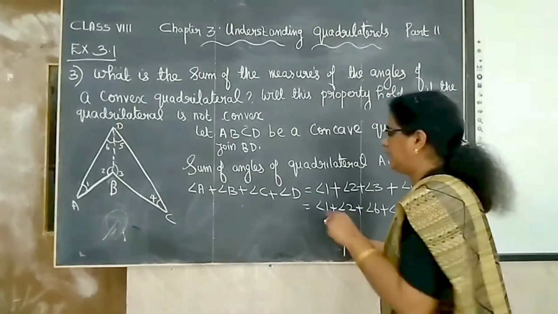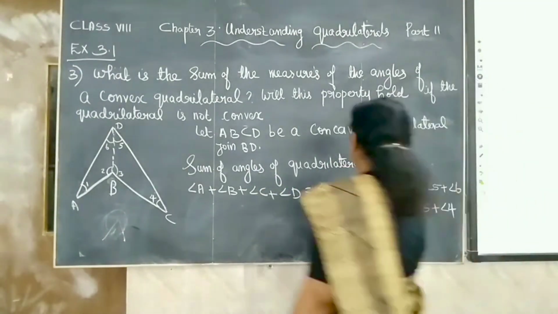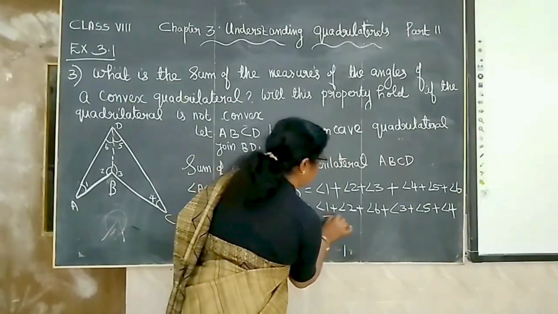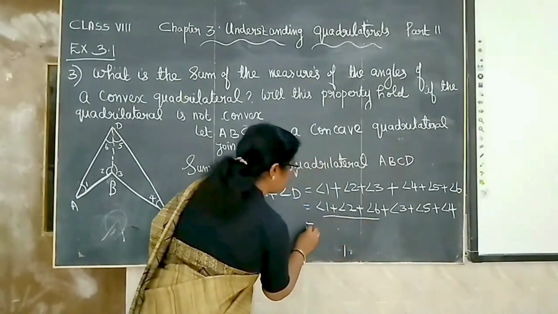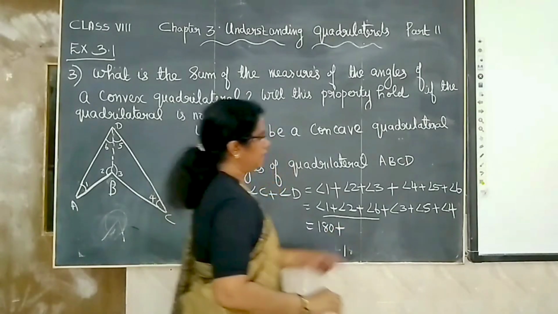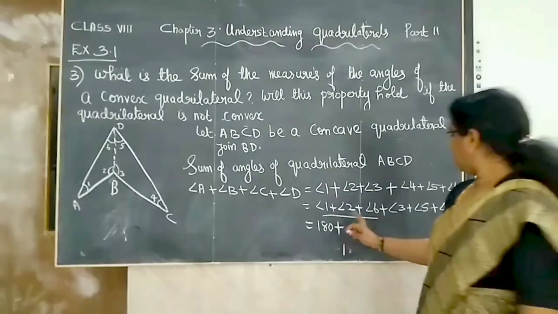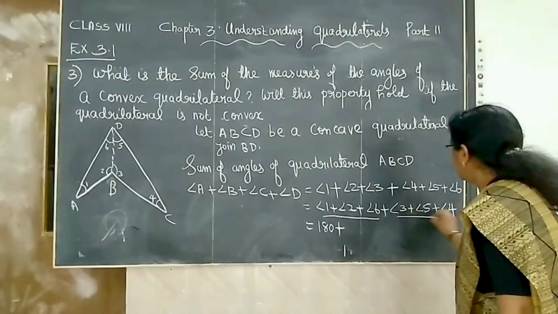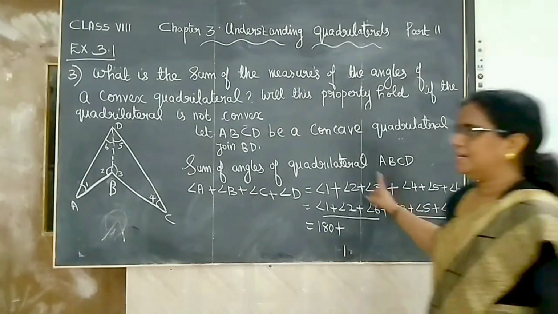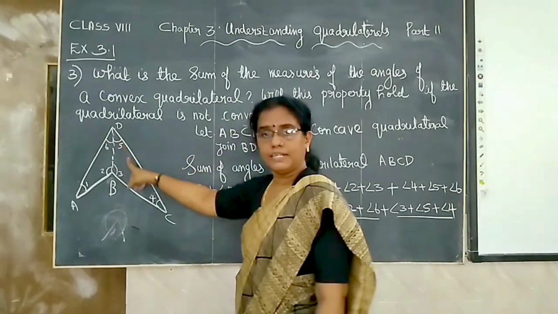Now angle 1 plus angle 2 plus angle 6 are the three angles of a triangle. Therefore, the sum is 180. And here also angle 3 plus angle 5 plus angle 4 is 180 degrees because this forms a triangle.